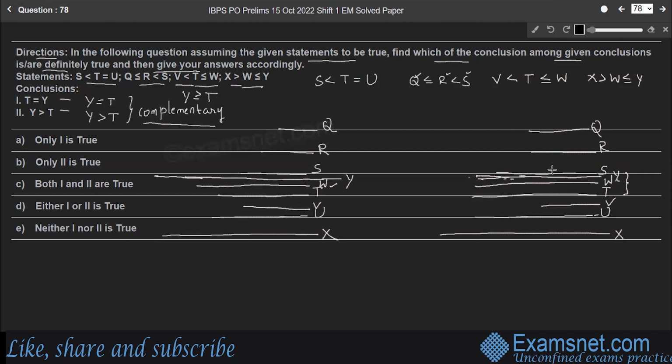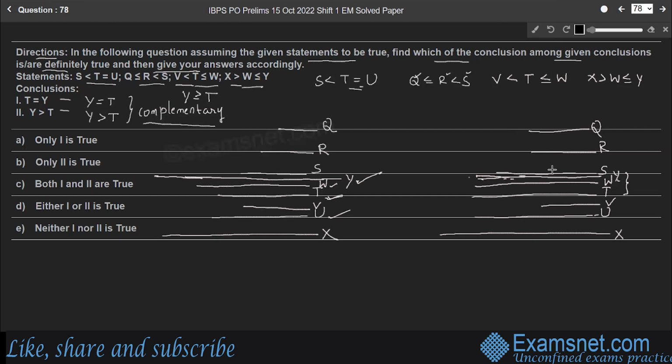In the first case, strictly, T and U are equal to each other. Only T and U, right? Here the conclusion is Y is equal to T. Can we conclude Y is equal to T here? So Y is here, T is here. So Y is greater than T here, right?